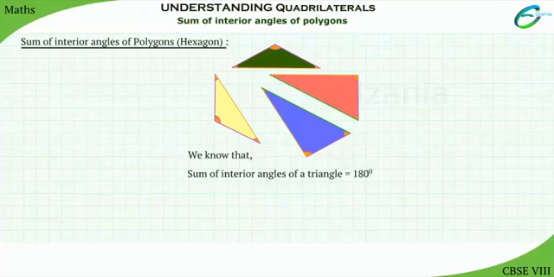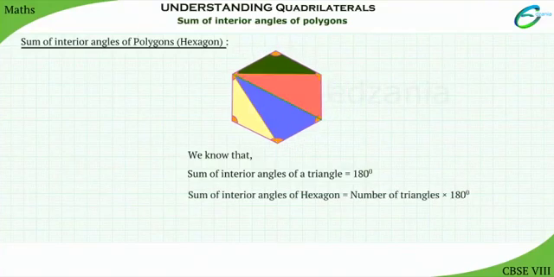So, the sum of interior angles of a hexagon is equal to 4 times the sum of interior angles of a triangle, which is equal to 4 times 180 degrees, that is 720 degrees. What is the common formula we have observed for the sum of interior angles of polygons? Sum of interior angles of a polygon is equal to the number of triangles times 180 degrees.